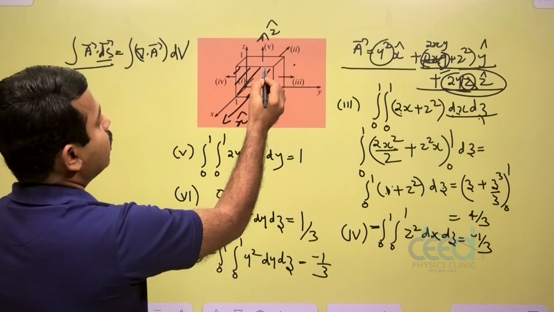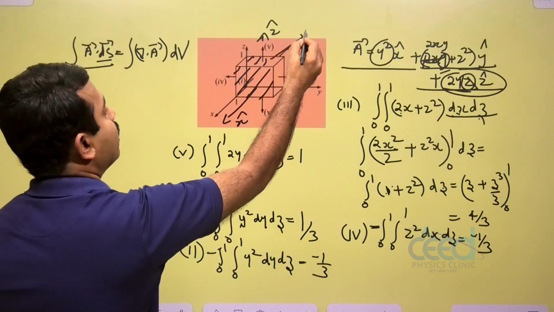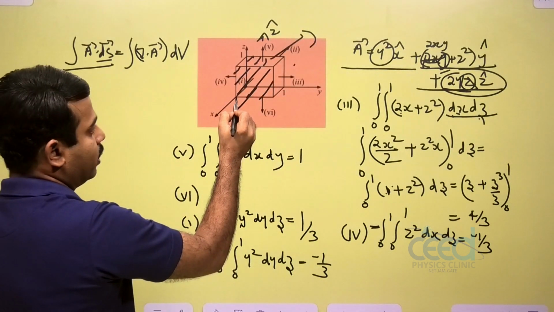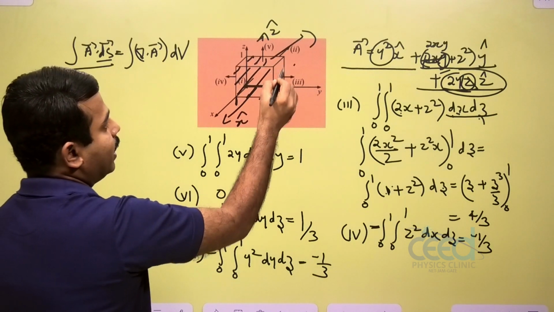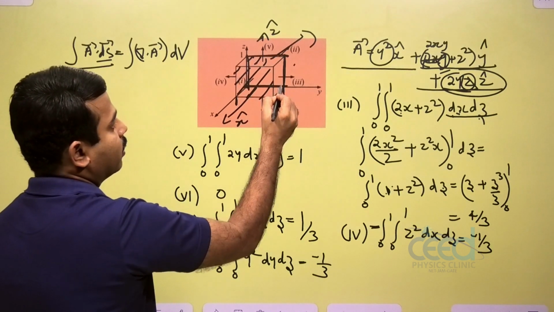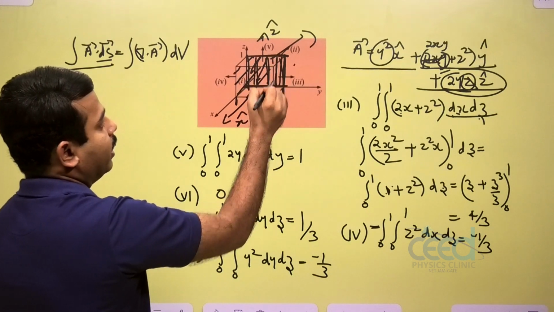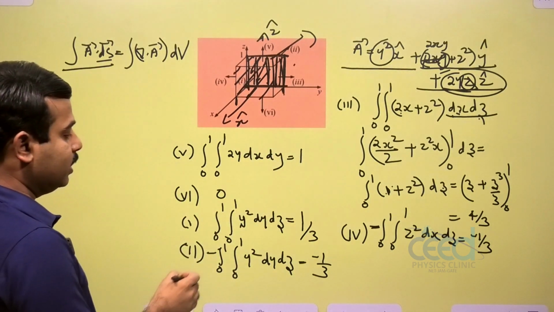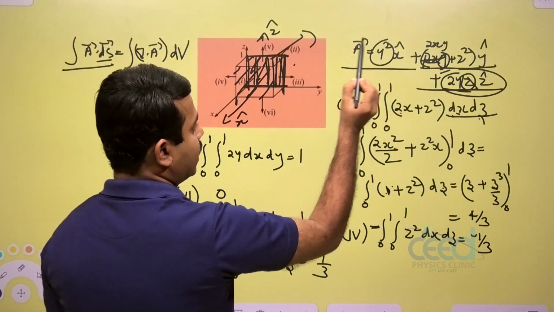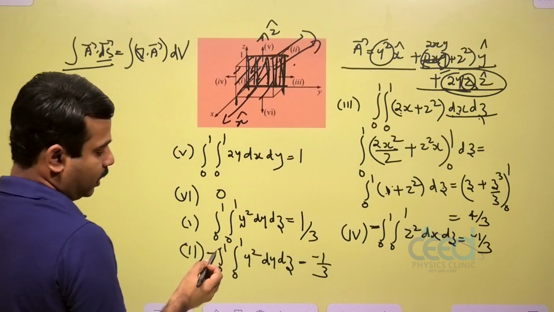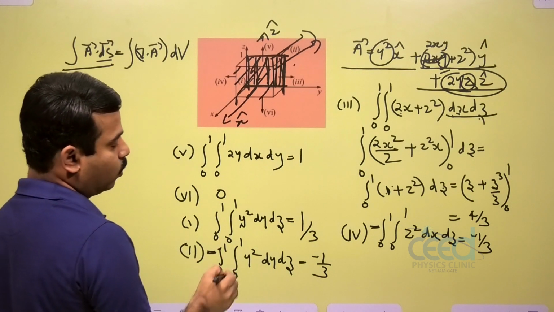Now what about the opposite area there? x is equal to 0, and x is 1 here. Then this backside area, if I choose this area, I am speaking about this area. Again the function is along x cap, that is y square, but this area is projected backward, that's why there is a negative, with limits 0 to 1, 0 to 1.